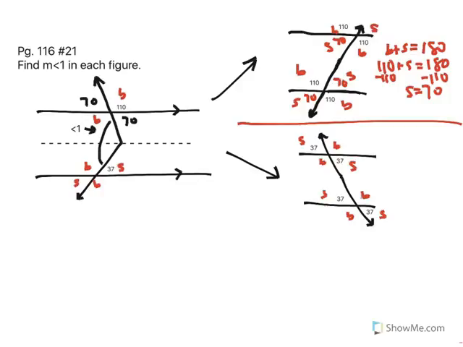Now down here on the bottom, I'm going to solve for the big angle because I have the small angle. So big plus small is 180. My small angle is 37 degrees. I don't know my big angle.